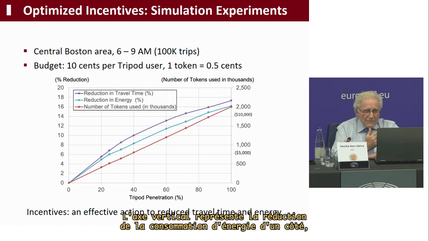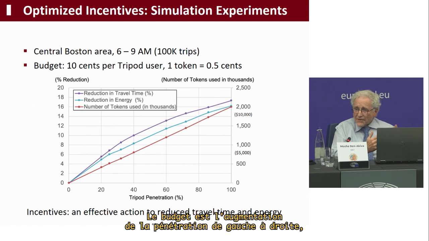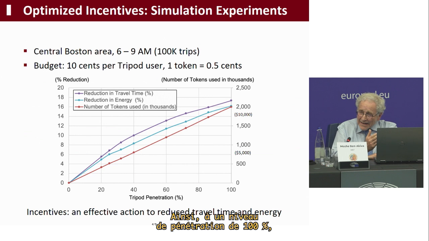And the vertical axis is the reduction in energy consumption on one side, and on the right, it's the number of tokens that are being used. As the penetration increases from left to right, the total budget spent increases. At the 100% level of penetration, the total budget is $10,000 every day.